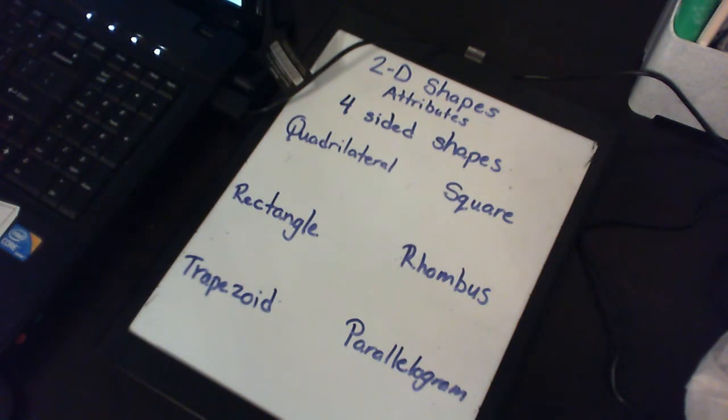Quadrilaterals have four sides. They also have four angles. But with the quadrilateral, none of their sides are the same length, and none of their angles are the same value. None of their angles form a right angle, which is a corner, and none of the lines that form that shape are parallel.